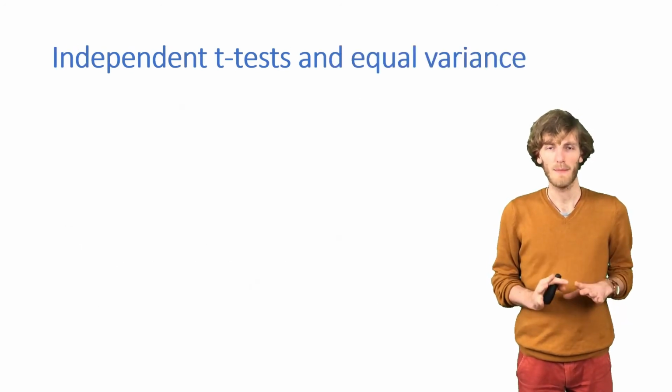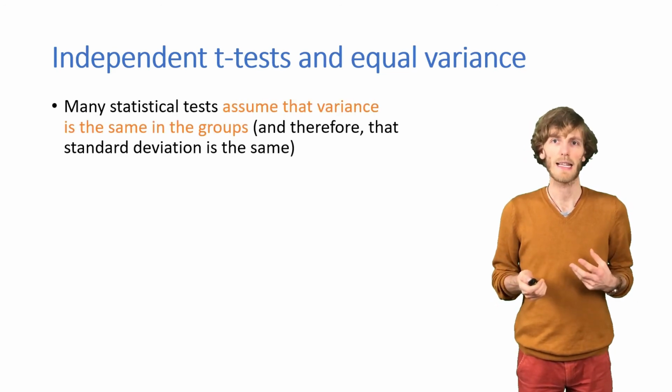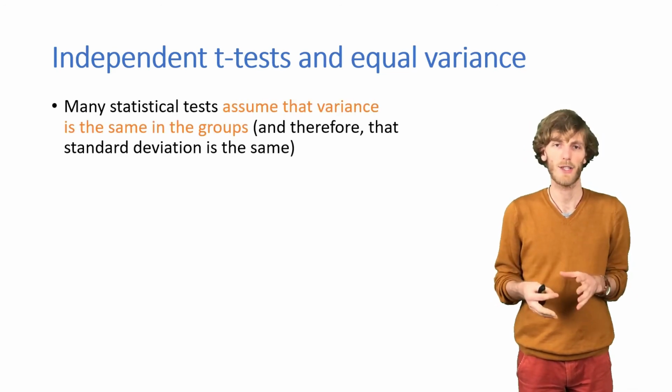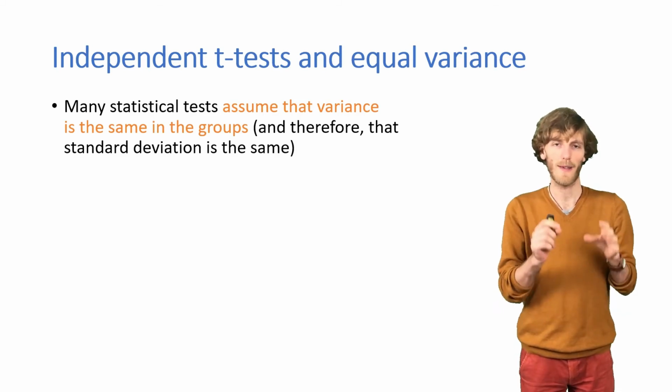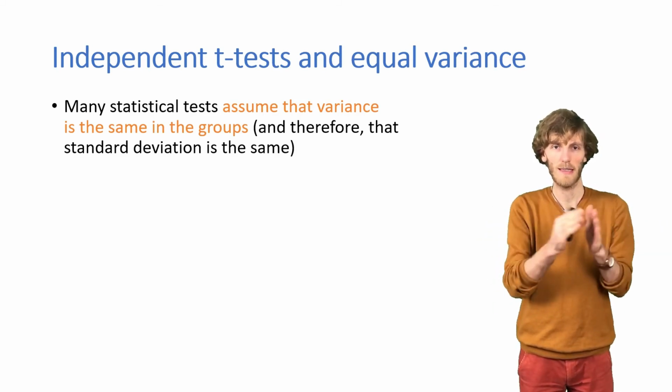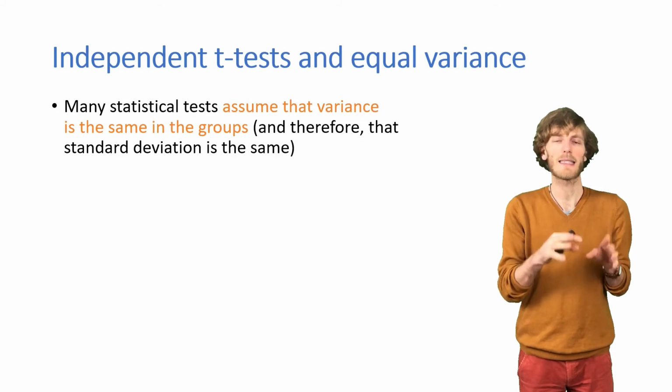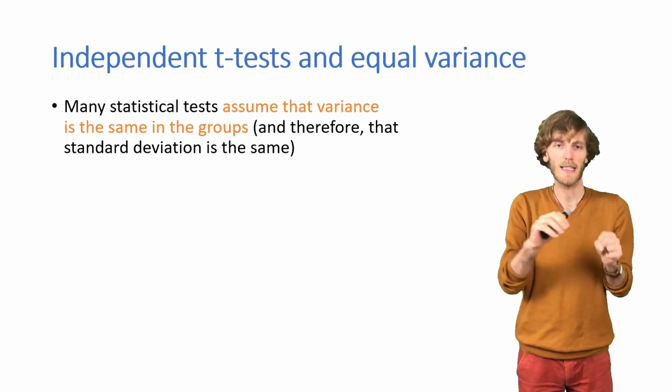There's one more assumption that t-tests and actually many statistical tests tend to make. They tend to assume that the variance, so the spread, is the same in each of the groups.